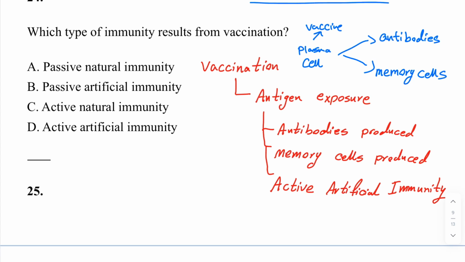Because the immune system actively generates the response itself, this is considered active immunity. Since the exposure is provided through medical intervention rather than natural infection, it is classified as artificial. Therefore, vaccination produces active artificial immunity. D is the correct answer.